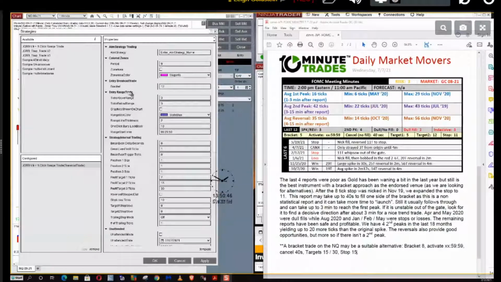So once again, a bracket of 12, skip down to strategy internal, and position 1 is 1, position 2 is 1, position 3 is 1. 3 contracts. If this was a good behaving report and it was making money, I would trade maybe 3 contracts on position 1, because that would be 20 ticks of profit if it just hits the first target. My stop is 15.